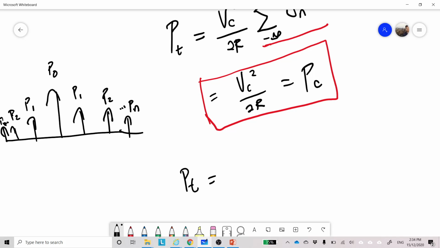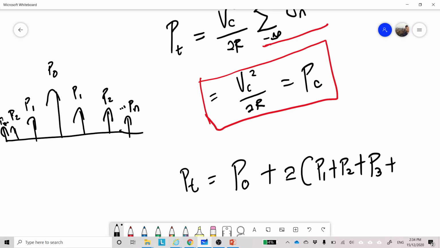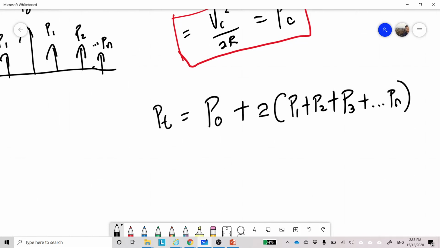So the total power is the summation of all the frequency spectrum power. Dia adalah hasil tambah kesemua frequency spectrum power yang berada dalam signal tersebut. Okay, so it is equal to P0 plus 2 times P1, plus P2 plus P3 until Pn.